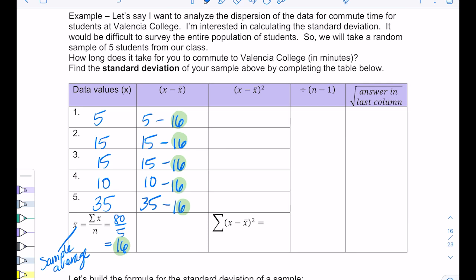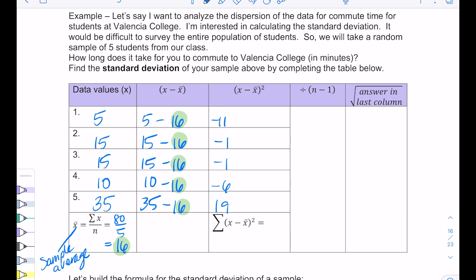When you subtract, you get 5 minus 16, that gives you negative 11. 15 minus 16, negative 1. 15 minus 16, negative 1. 10 minus 16, negative 6. And 35 minus 16 is 19.